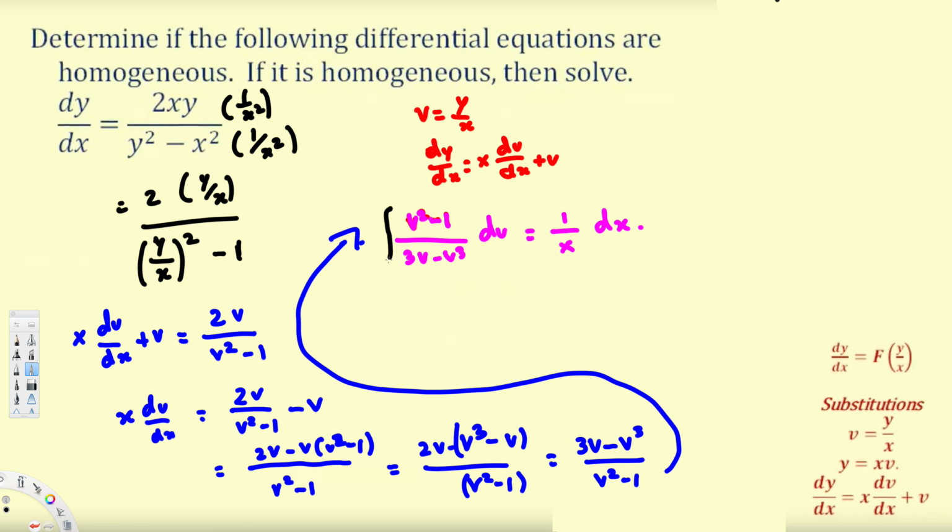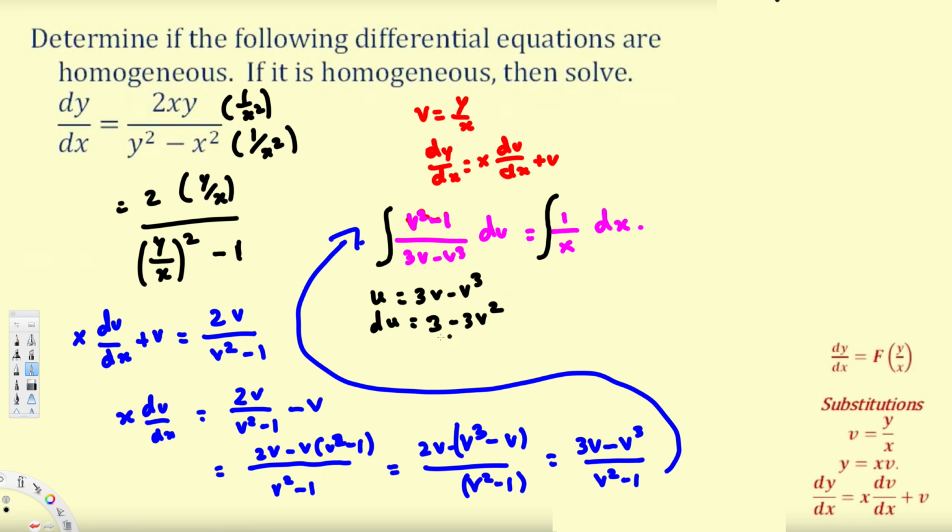So this is integration of this one, integration of this one, and here if you notice we have the derivative on top, because here we have v cube and v square. So derivative on top, so we can do the u substitution. We take this denominator as u, so this is going to be 3v minus v cube, and if we find the derivative of this one, that's going to be 3 minus 3v square.